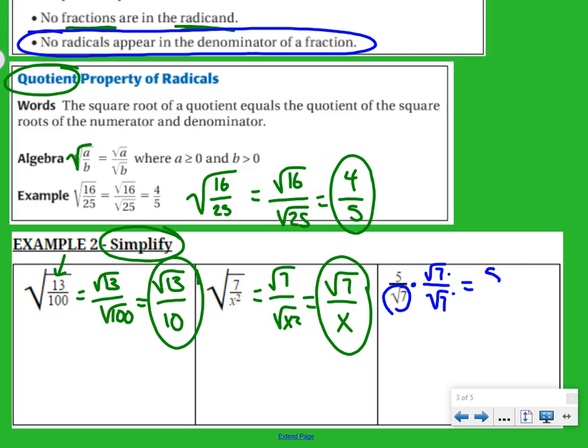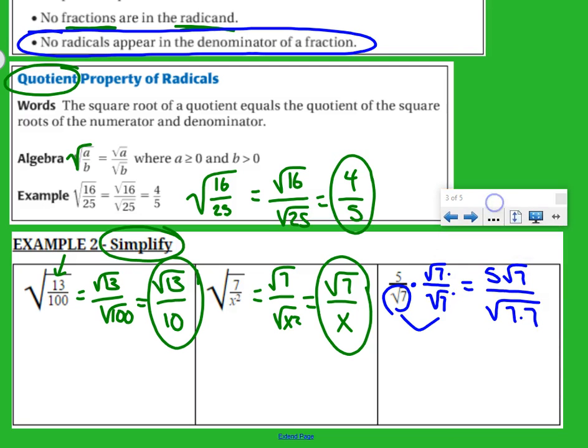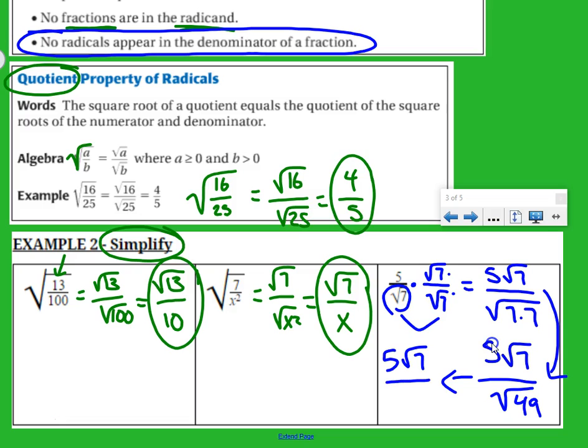So the top becomes 5 times the square root of 7. The bottom, the square root of 7 times the square root of 7, we can rewrite as the square root of 7 times 7. Simplify, 5 square root 7 over 7 times 7 is 49, so the square root of 49, which we know is a perfect square, so 5 square root 7 over the square root of 49, which is 7.